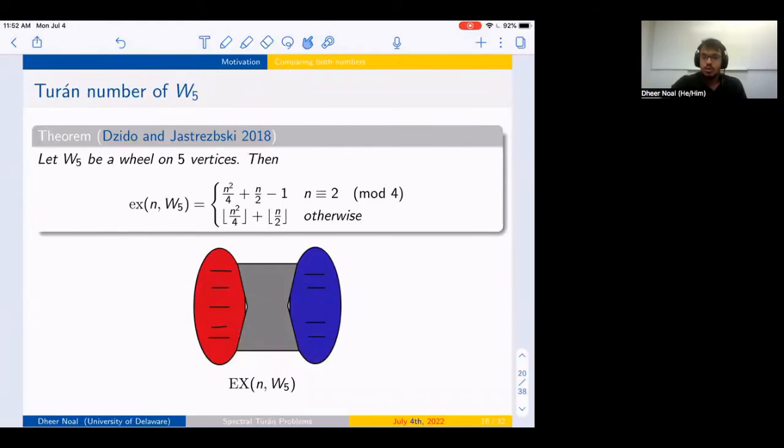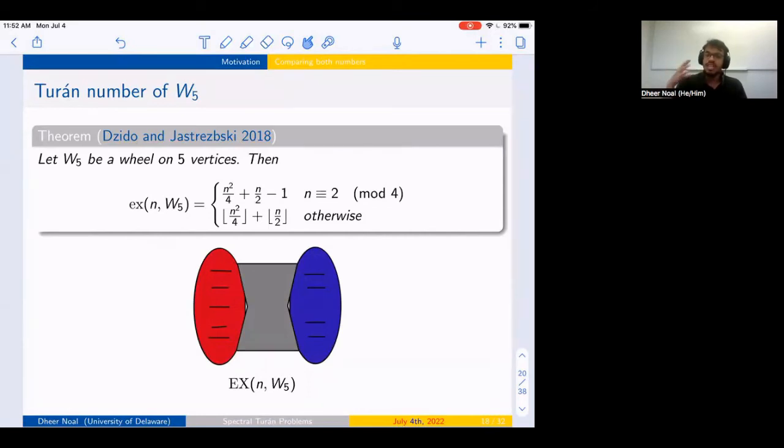Right. So now we'll be focusing on the odd wheels. The Turán numbers for when the wheel has 5 vertices and when the wheel has more vertices are slightly different, so the constructions are slightly different from each other. For the wheel on 5 vertices, the extremal number looks something like n squared over 4 plus n over 2.